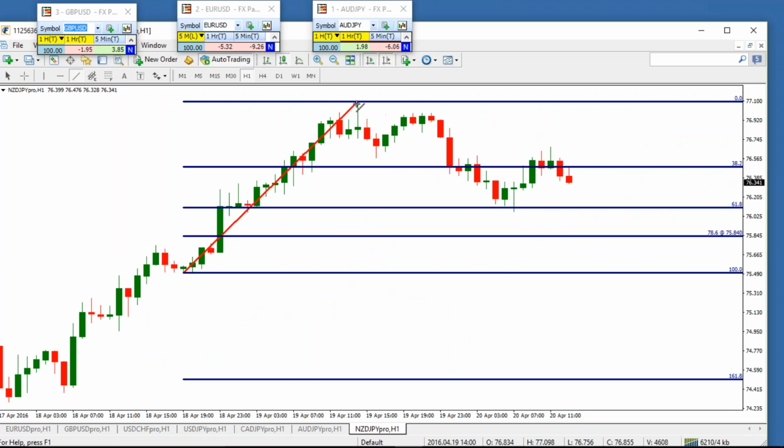You can see here on New Zealand, it's got a nice little ABC pattern working from this swing low right in through here. And this would be a nice swing low. You can see there's a horizontal support level here at that swing low. This one's got a nice little ABC forming.